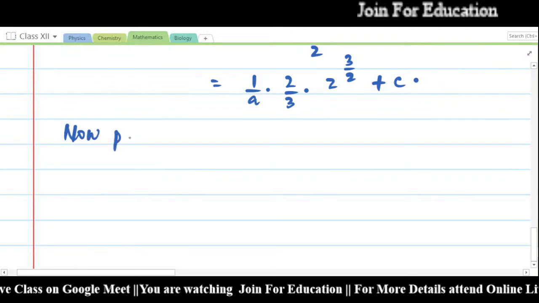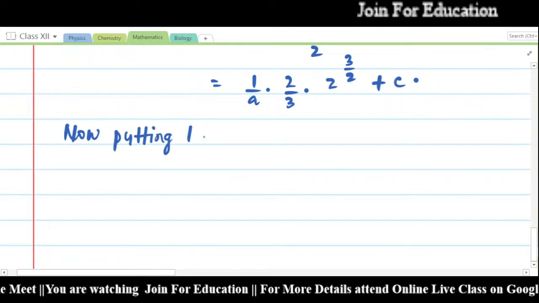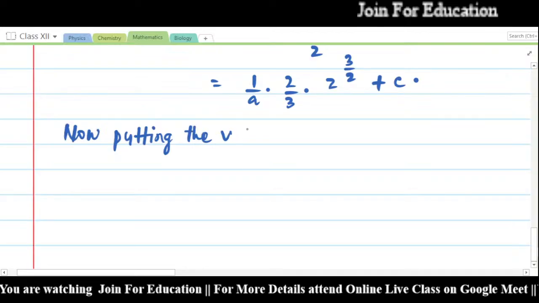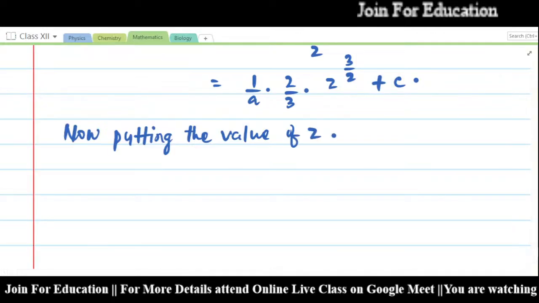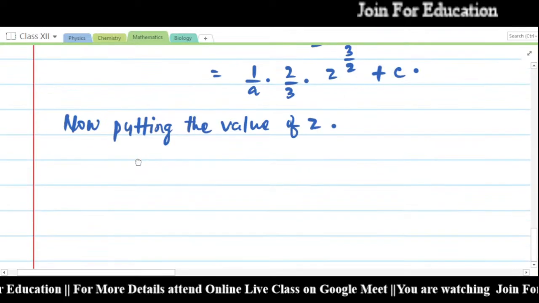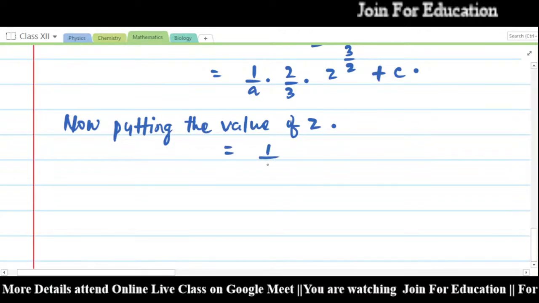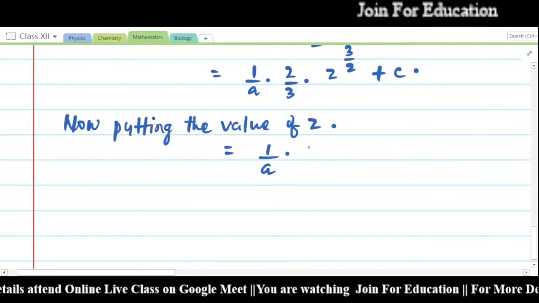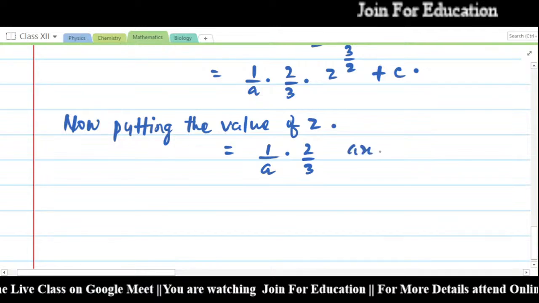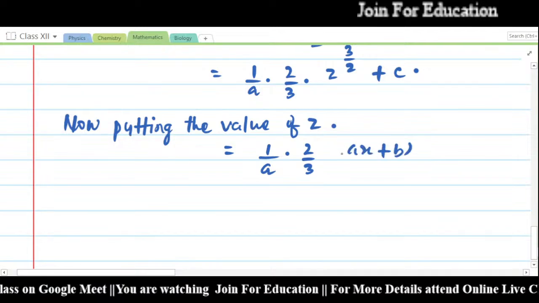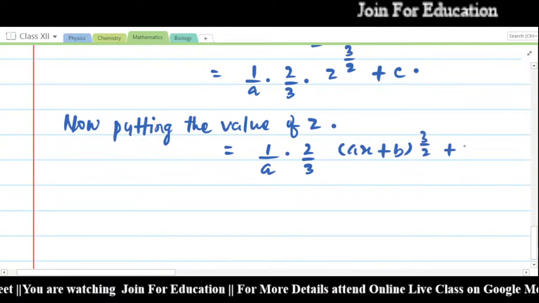Now putting the value of z, we get equal to 1 by a into 2 by 3, and the value of z is ax plus b to the power 3 by 2 plus c.